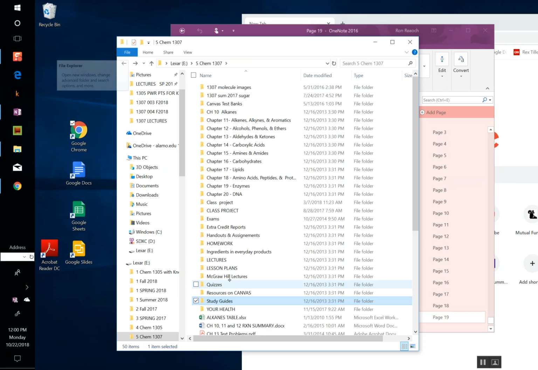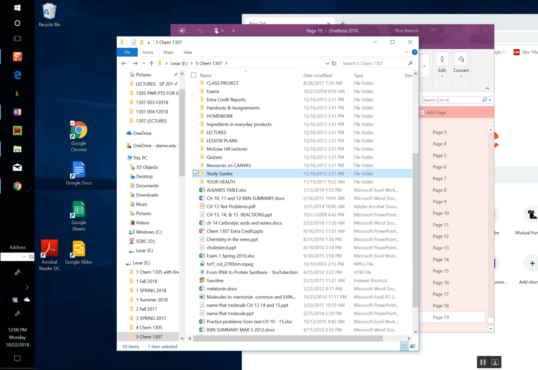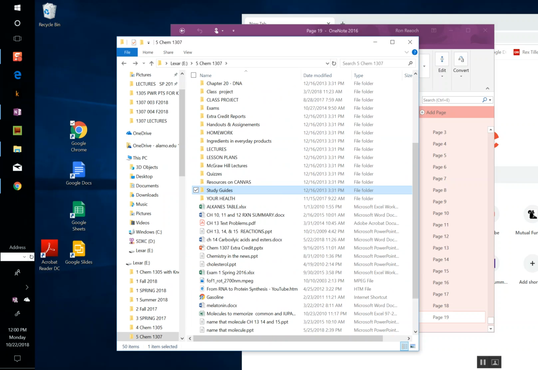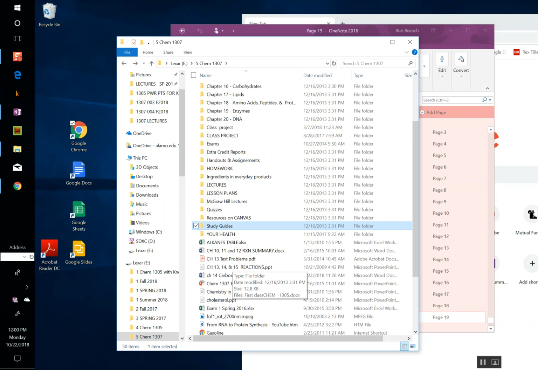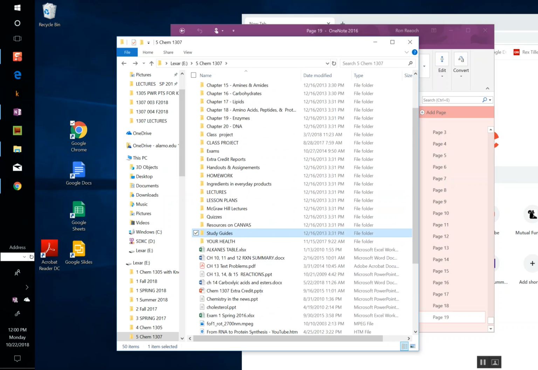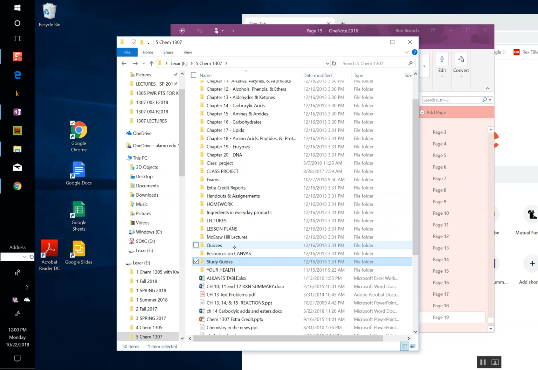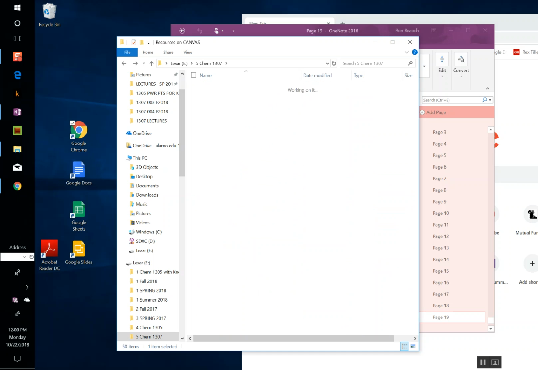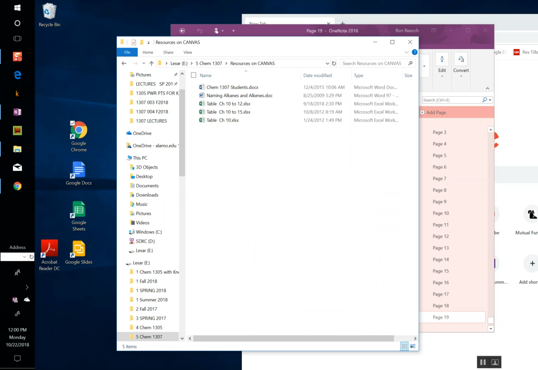I think it might not be in a file. Go all the way down. I have mine printed out. Okay, here, see, there we go. Table 10 to 15. Yeah, tables 10 through 15. This is on Canvas. I just can't get to it right now, but it's on my thumb drive also.